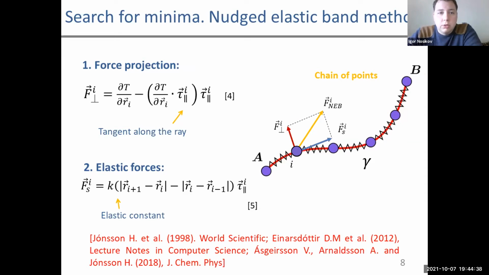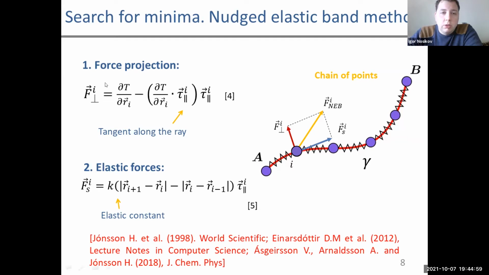The procedure of finding minima is based on the negative gradient, as I said previously, and we can make it more efficient and faster in two steps. At first, we use a force projection.